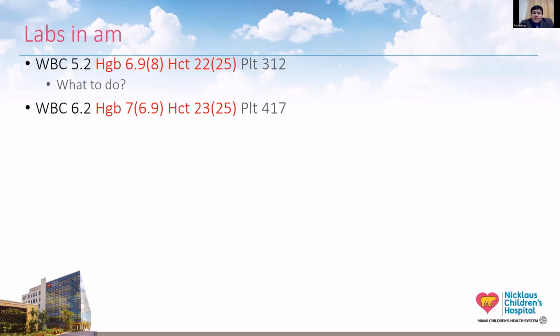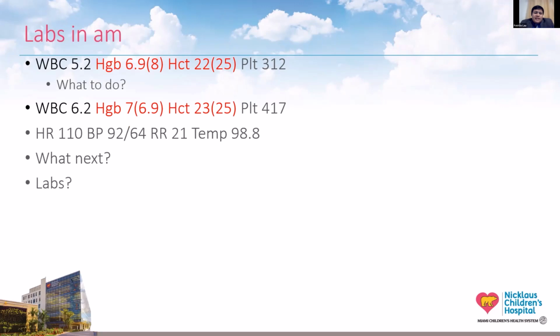Because the patient was a little bit tachycardic, they decided to give the child blood. They gave her 10 per kilo of PRBCs. And like you mentioned, given the elevated LFTs and the bleeding, they decided to do a CT of the abdomen.